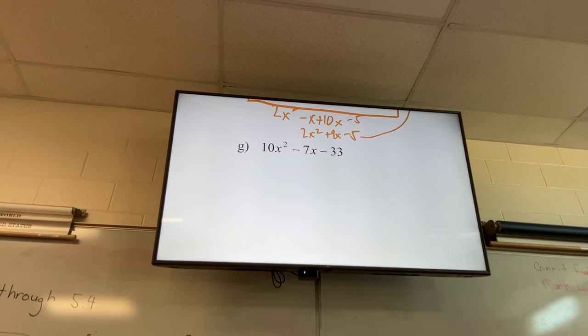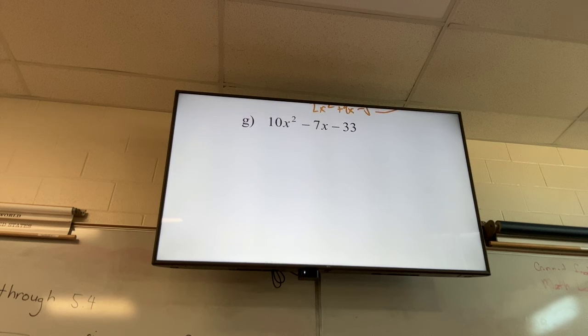Any GCFs? No, I don't see any GCFs, so what do we do? It's not a 1 there, right? It's not a 1, so I have to do what? Yeah. 10 times 1. Yeah, that's fine. If you can't think of what it's called, that's fine.